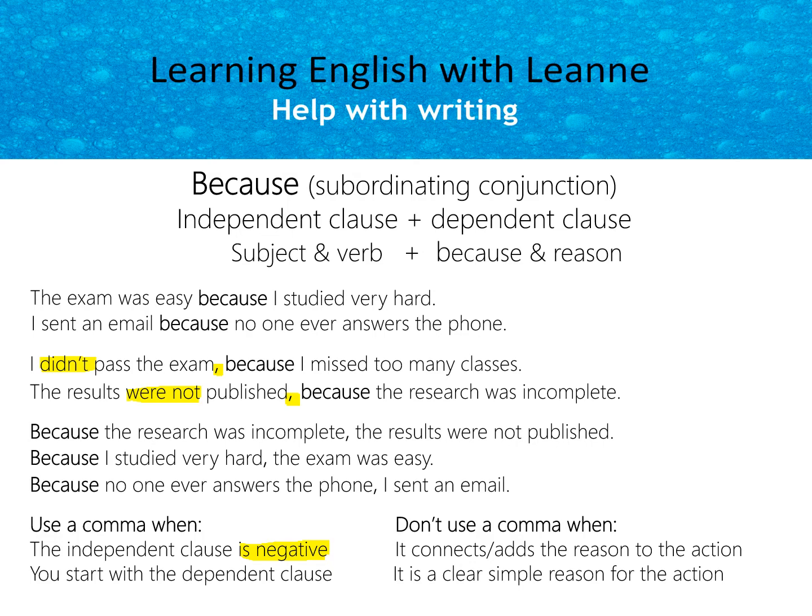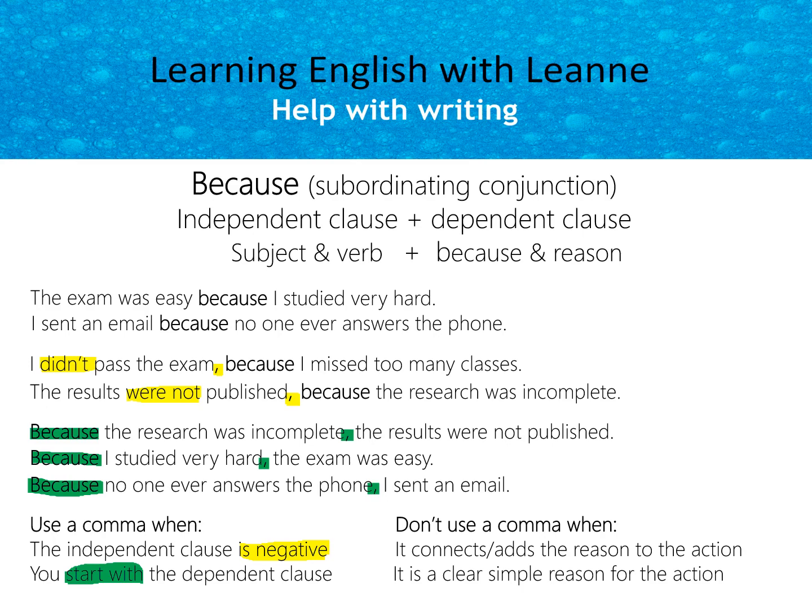Also, when we start with because in the dependent clause, so these three here, we start with because. And because we have our dependent first, we use the comma between our two different clauses.